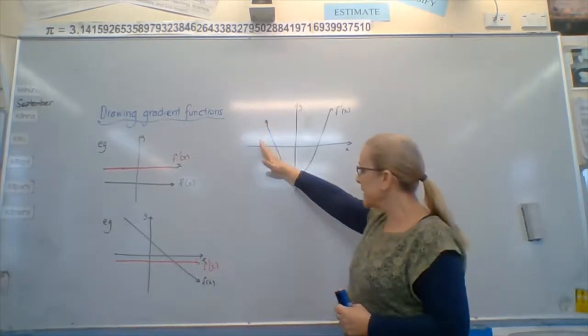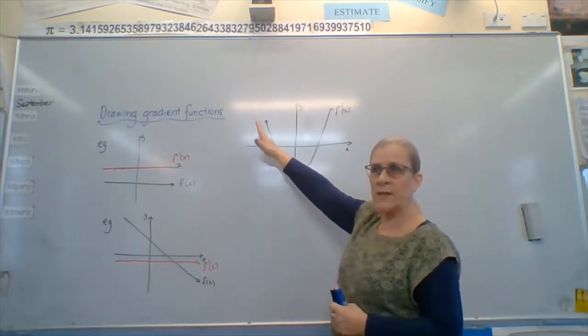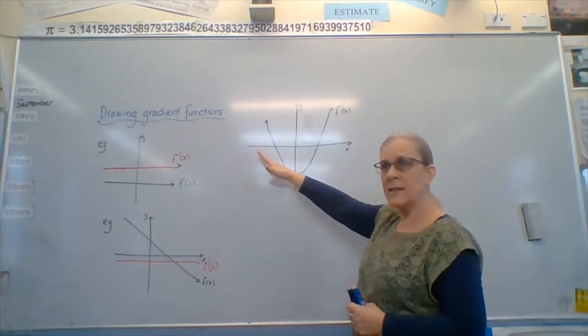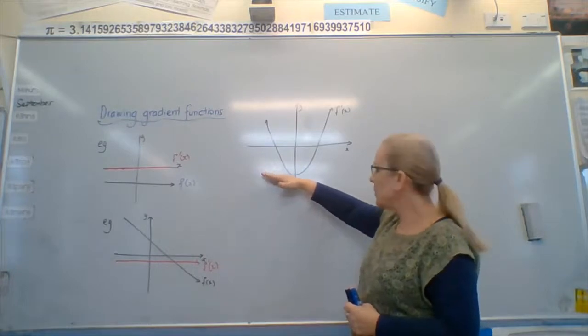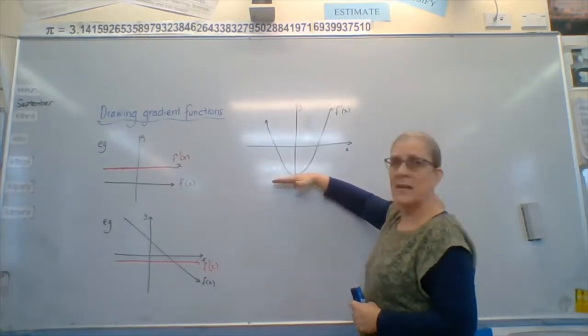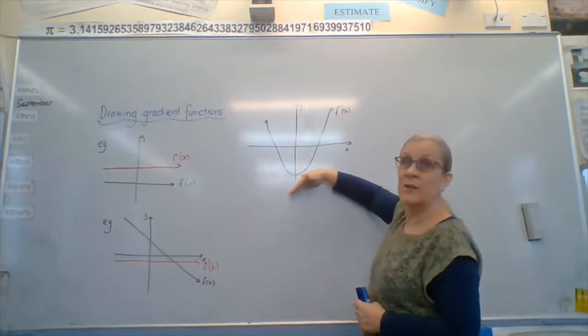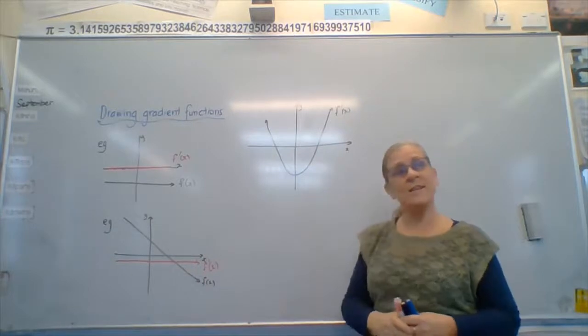Coming down, it gets less steep or less what? The gradient is getting less negative. To the point where here, the gradient is 0 and turning into positive.